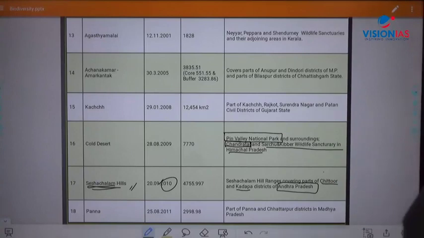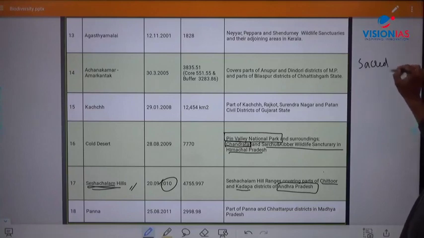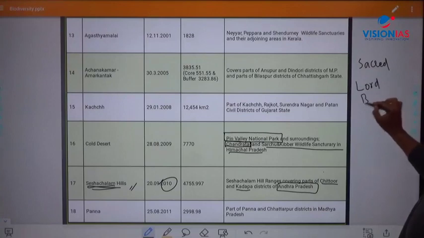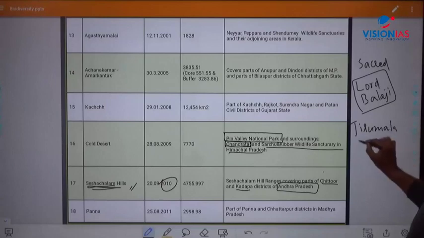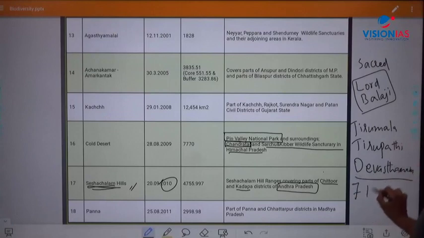What is the importance? You can find a very sacred and pious place, called Lord Balaji Mandir, which is Tirumala Tirupati Devasthanam, the city of Seven Hills.